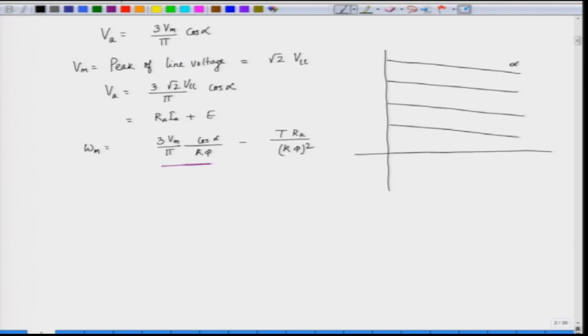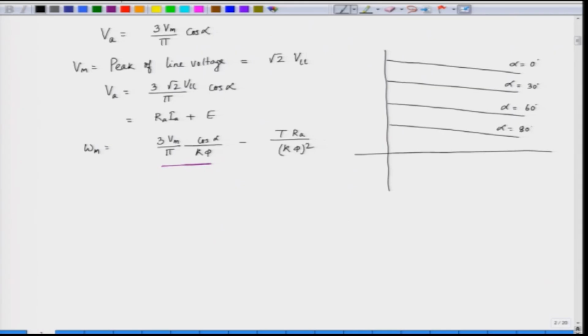Let us say alpha is equal to 0 here, alpha 30 degree, alpha 60 degree, maybe alpha 80 degree and so on.